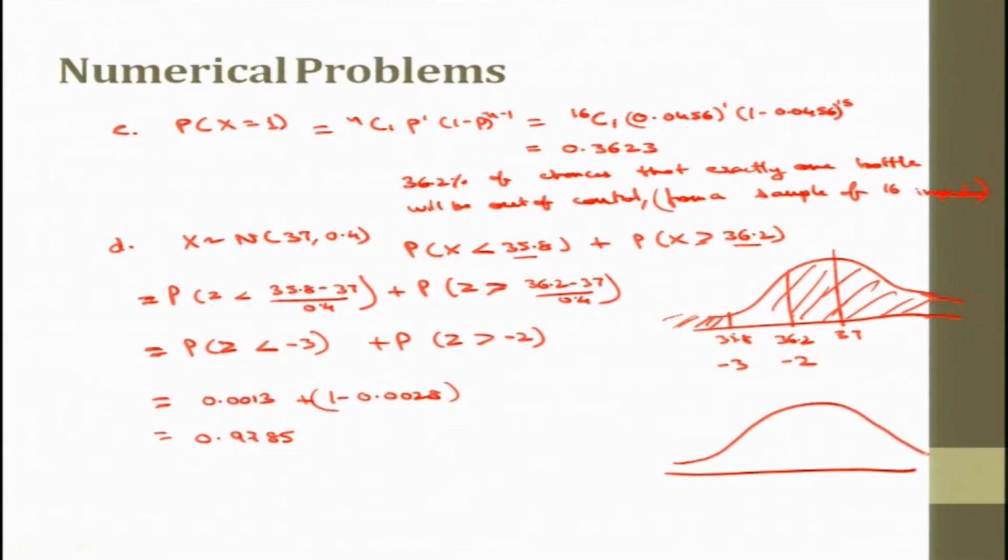This is actually part D. If I draw the plot for part A, it was like this: 36, then 35.8 and 36.2. We are interested in the area before 35.8 and after 36.2. This area was too small here, while this area in part D is very big. So you can see when the process shifts, the probabilities can change dramatically.